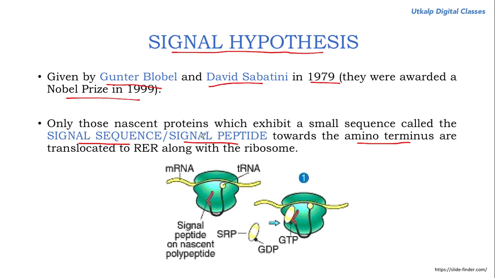So only those nascent proteins which exhibit a small sequence called the signal sequence or the signal peptide towards the amino terminus are translocated to RER along with the ribosome.